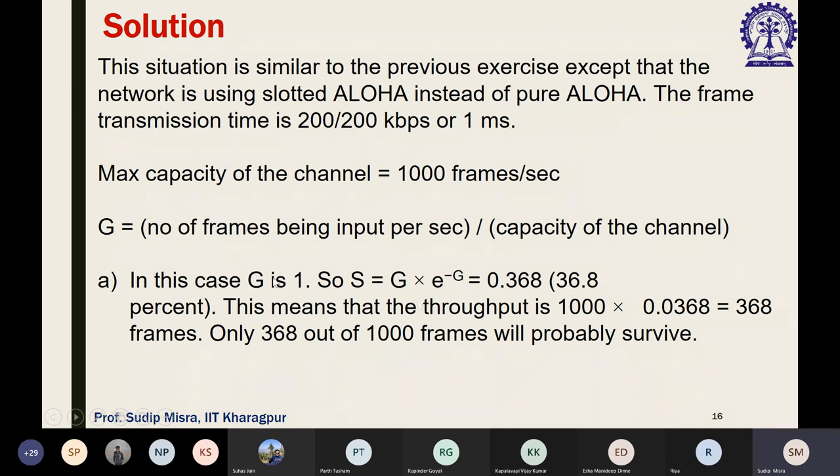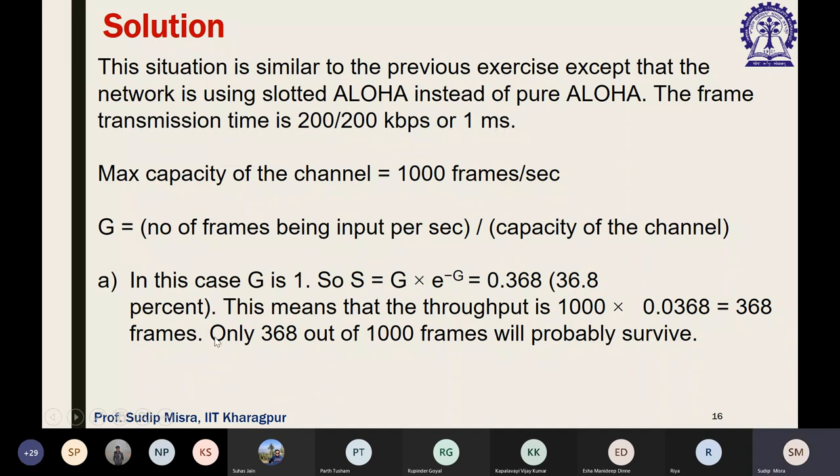The value of G is going to be 1, the number of frames input per second divided by the capacity of the channel, both of which we have computed. If G is equal to 1, then the throughput is going to be 0.368, which is 36.8%, which means that if you are sending 1000 frames using slotted Aloha, 368 frames are going to survive, right?